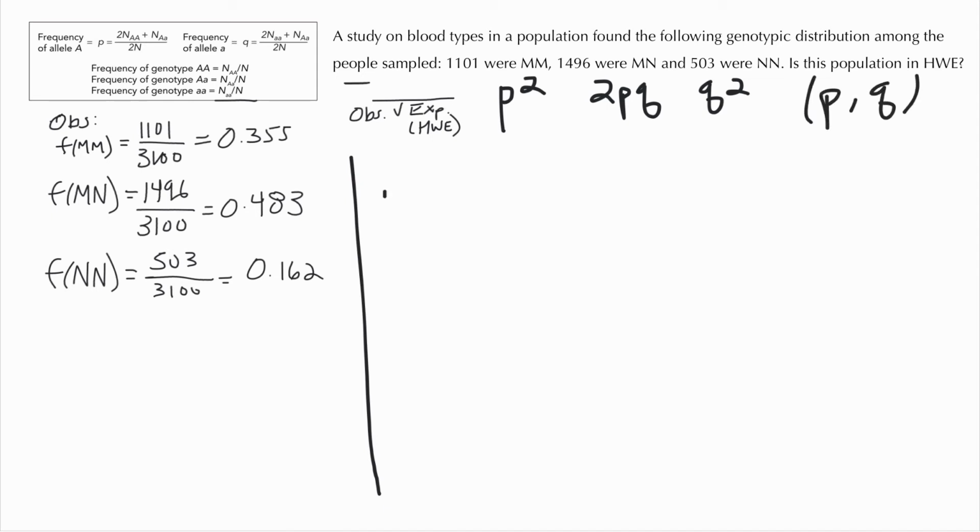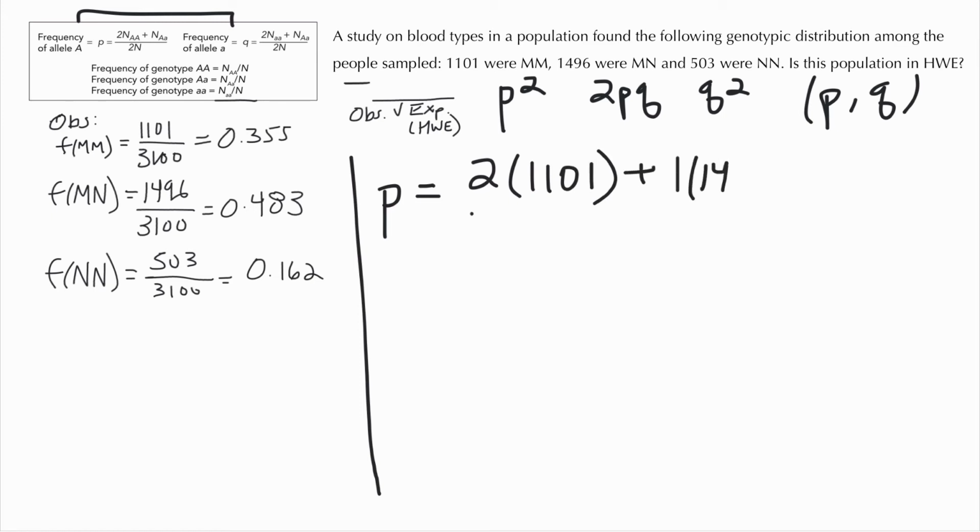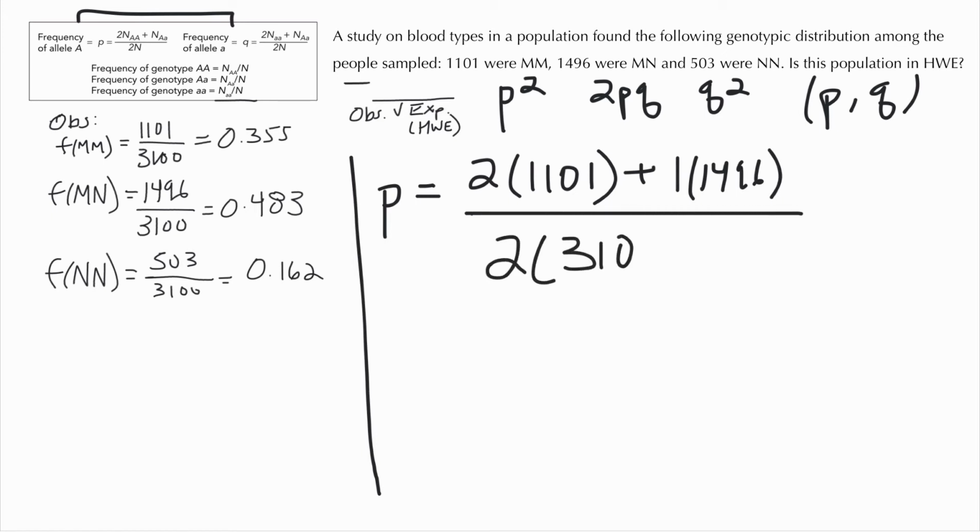So p equals, and we can use these equations again, in this case, 2 M alleles for every homozygous dominant plus 1 for every heterozygote, divided by 2 for all the individuals.